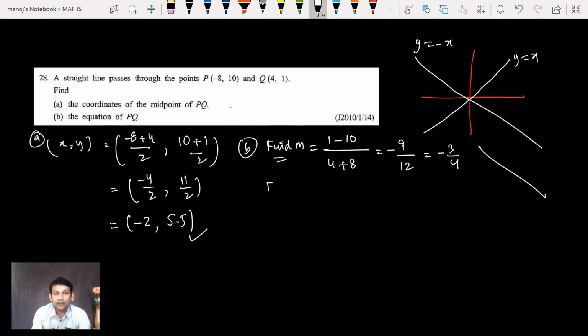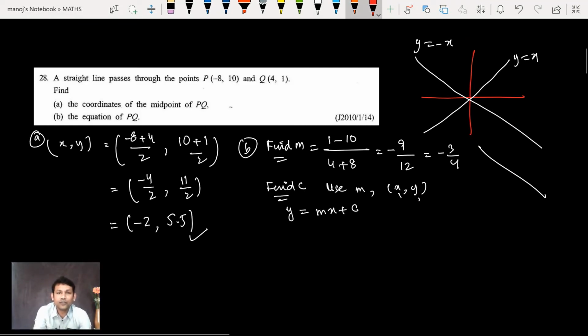If you want to find c, I told you to use the gradient and any one coordinate. Put it in the equation y equals mx plus c. It's up to you to use P or Q. I think Q is easier to use.